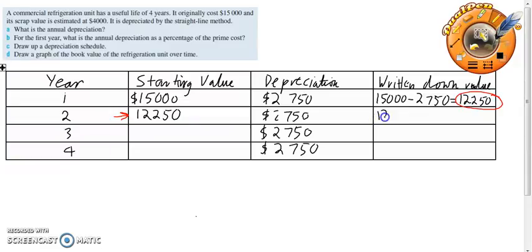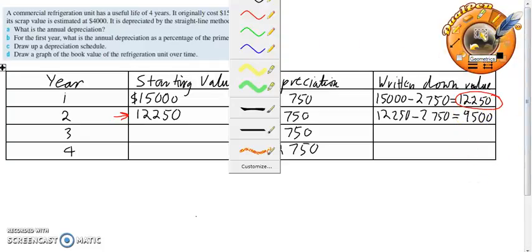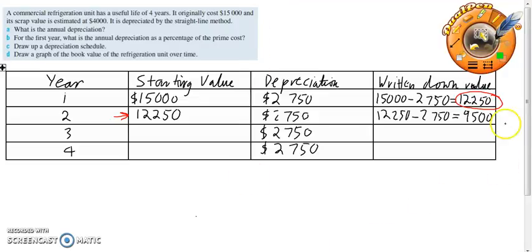It'll be 12,250 this time, take 2,750, and we'll end up with 9,500. So same thing, what we ended off one year is what we start the next year at. So the 9,500 comes down here and gets written here.